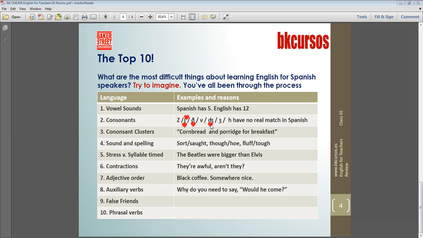G. Ja. Okay. And then this one here, what sound is that? Like S. It's more like the Z at the end of the word, isn't it? All right, good. So some of those are good.